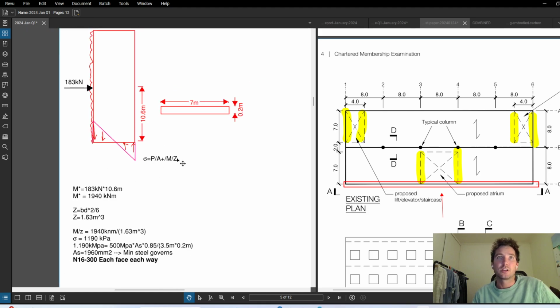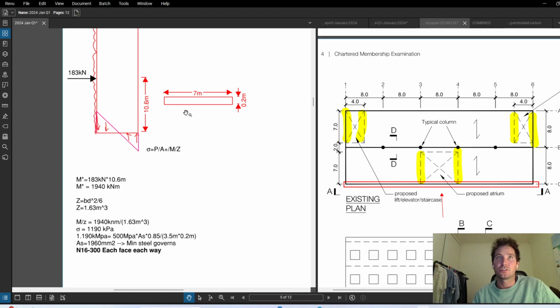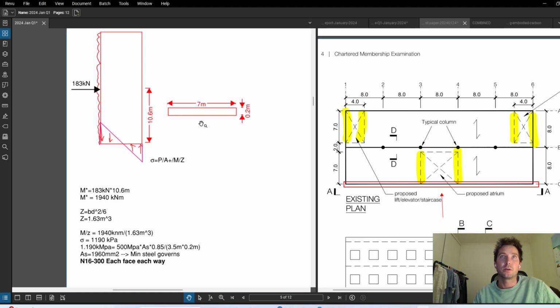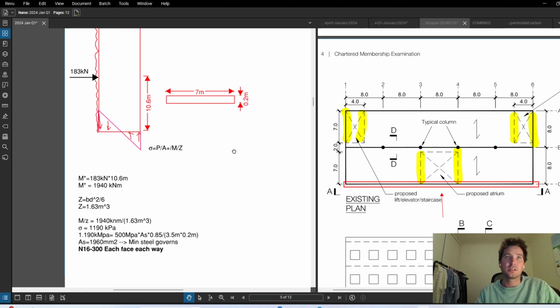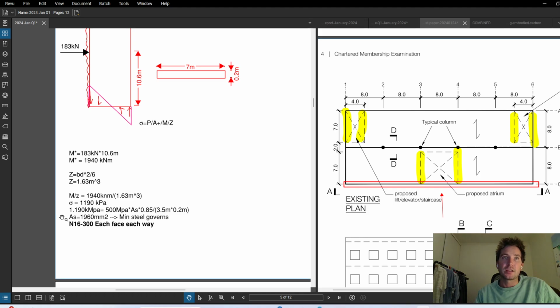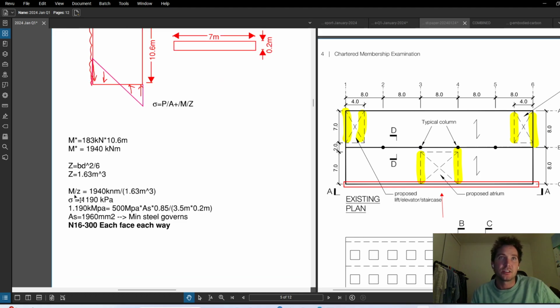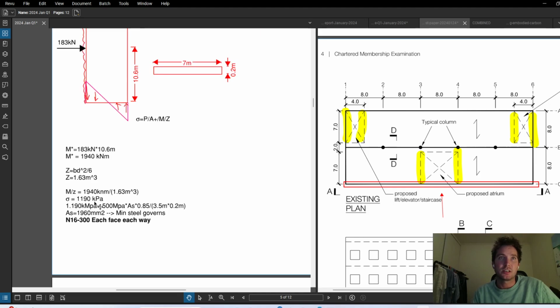We're really just looking at M on Z. So Z is just a function of the geometry of my core wall. So we're saying that's 7 meters this way, it's 200 millimeters thick. And then essentially M on Z, I get a stress, which is here.